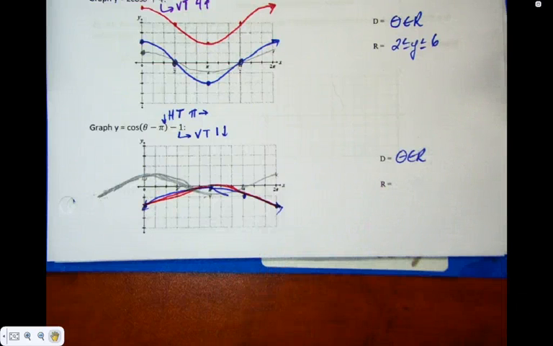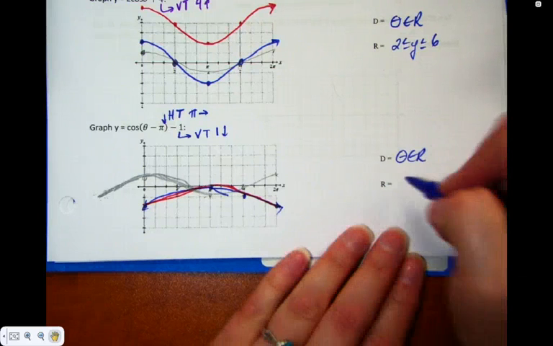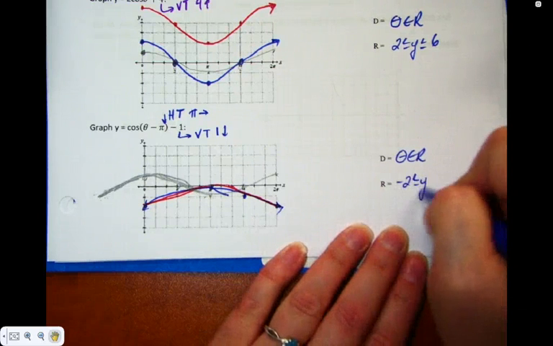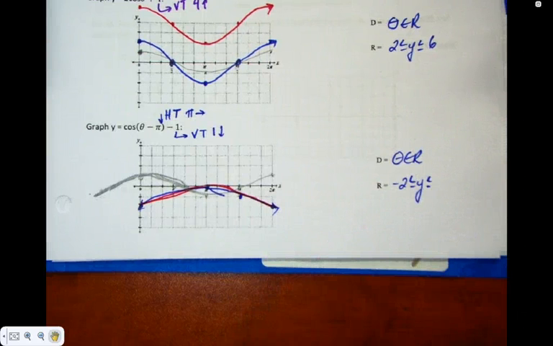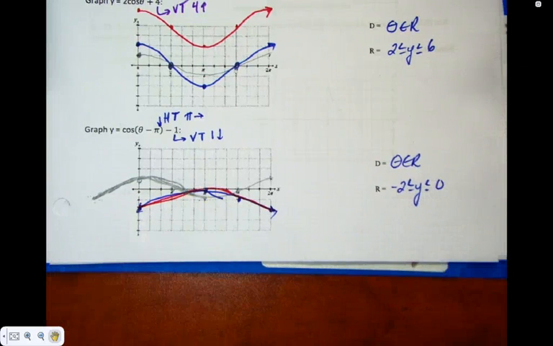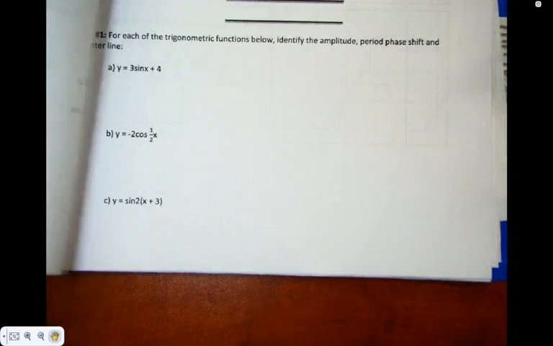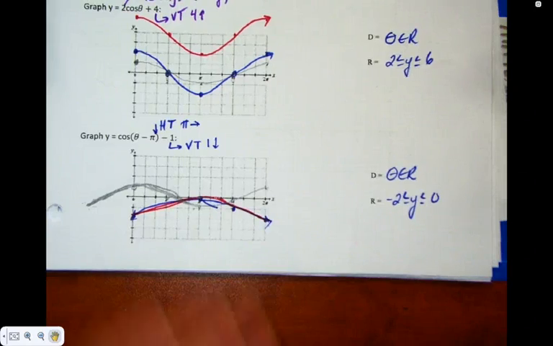What's the lowest value? Where's that low point? Where's the min? -2. Where's the highest point? Where's the max of the graph? 0. I think that's it. Nope, we're going to do some inverses.